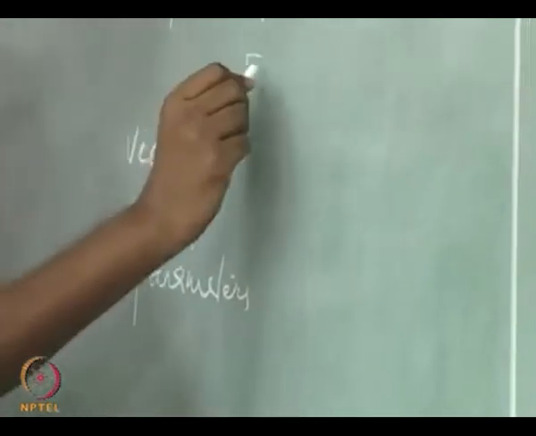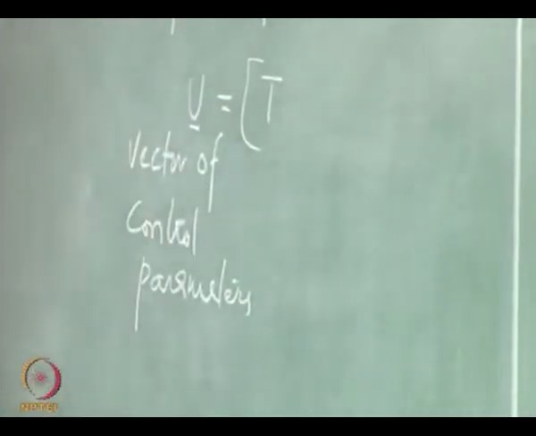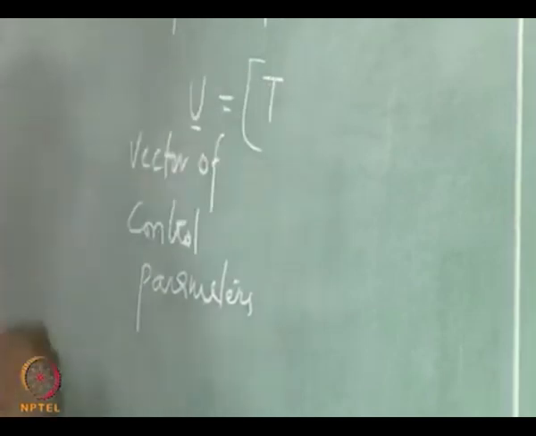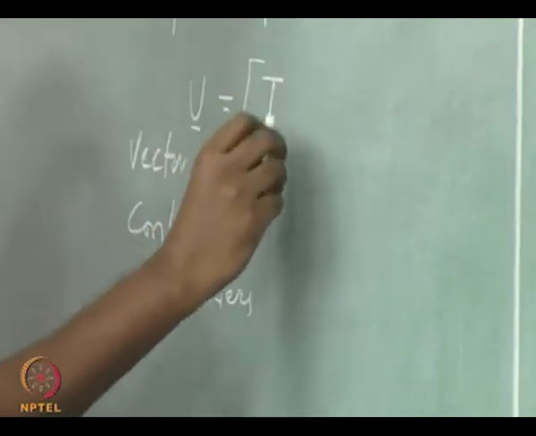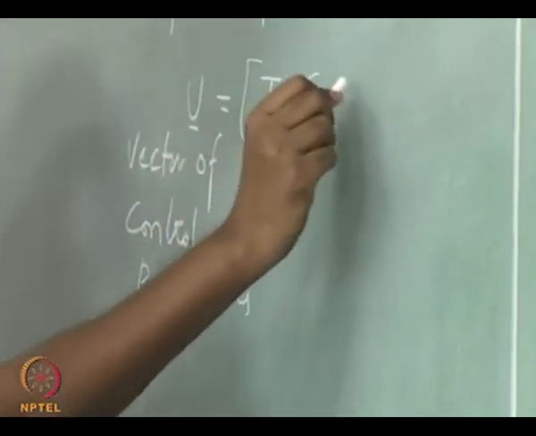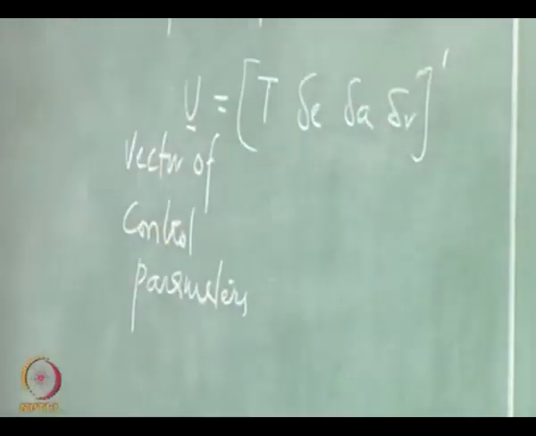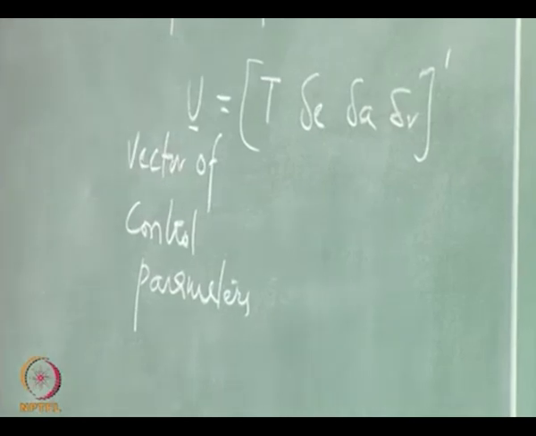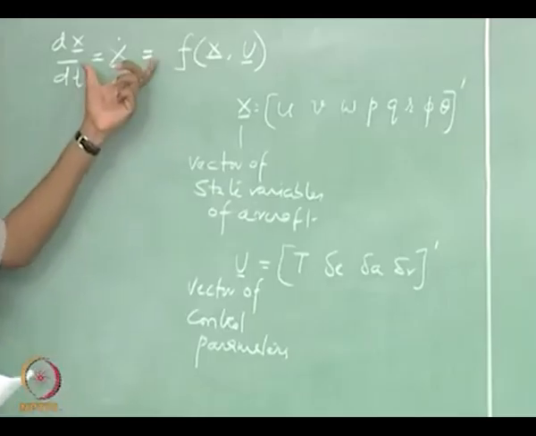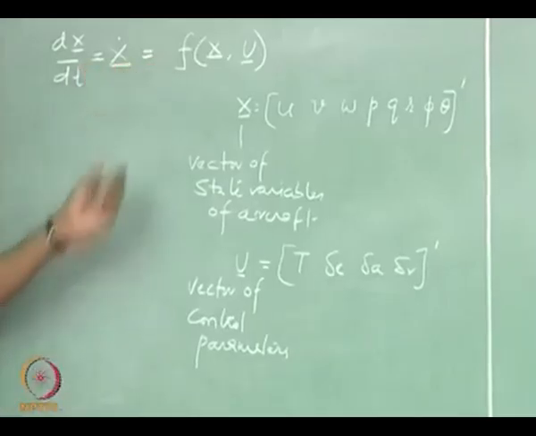We will keep only 4 basic controls in this vector. So, all the equations put into this compact form.